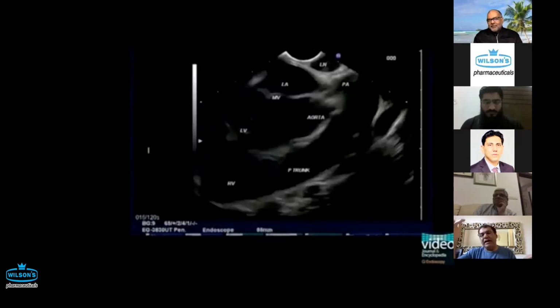So when you rotate the scope clockwise to the right, you see all the structures in the right mediastinum, but on the screen, that's the left side of the screen.